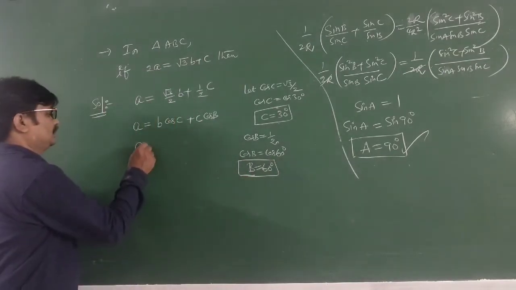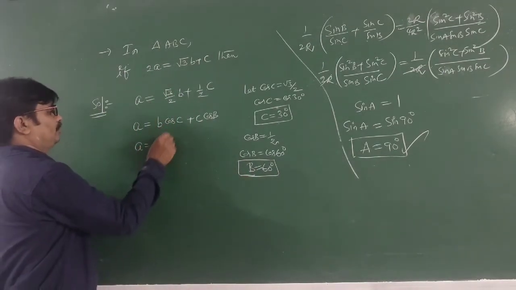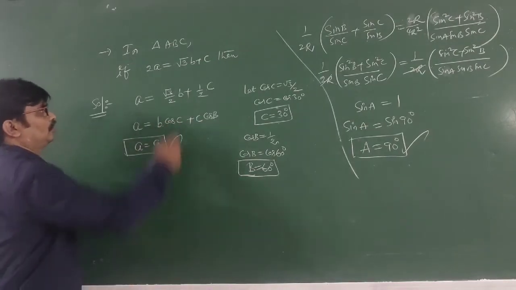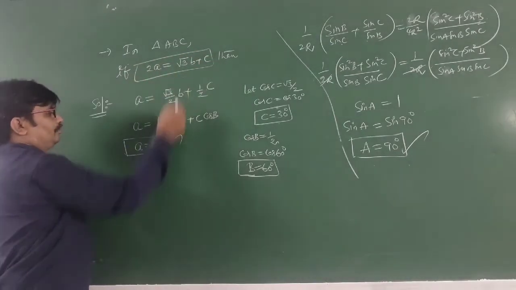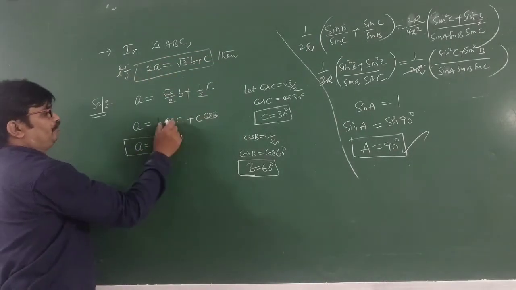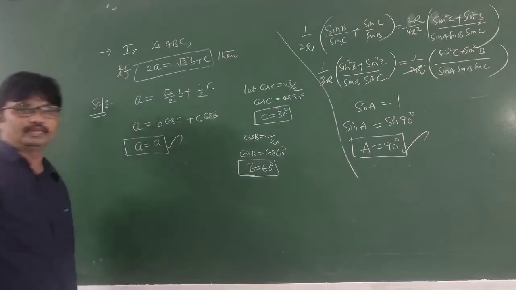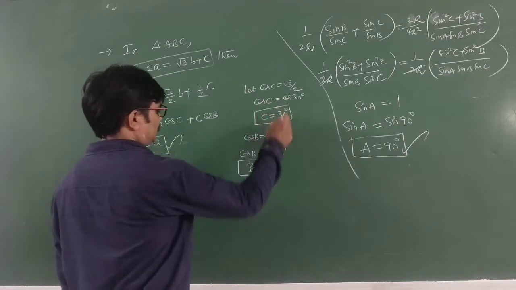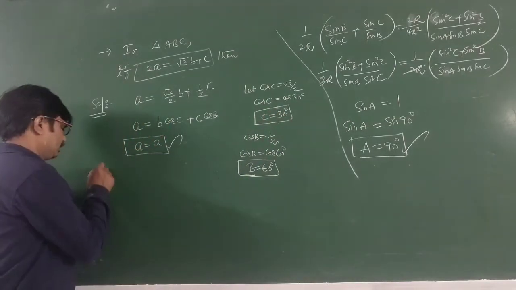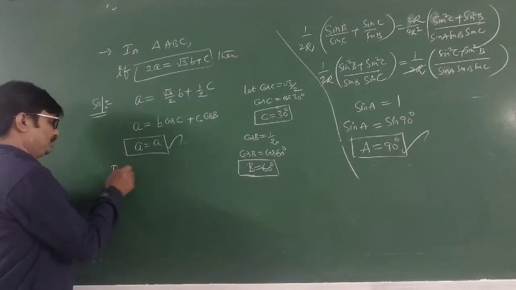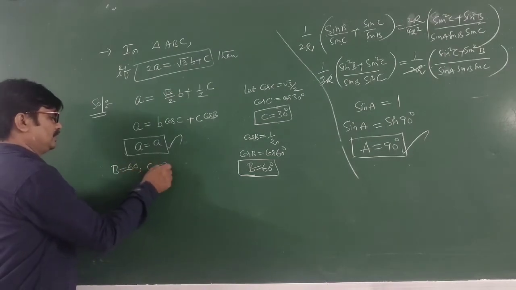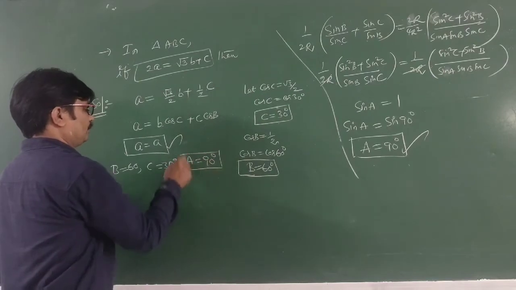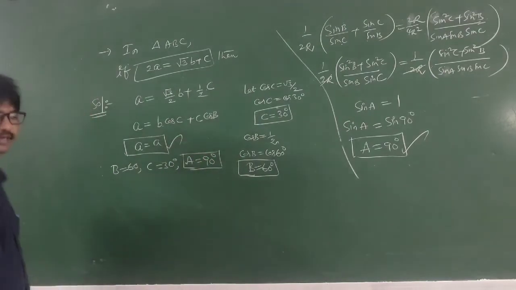Everybody knows that b cos C plus c cos B is the projection rule. The given condition is satisfied, b cos C plus c cos B equals small a. Therefore B is 60 and C is 30, so undoubtedly A will be 90, since the sum of the angles in a triangle is 180 degrees.